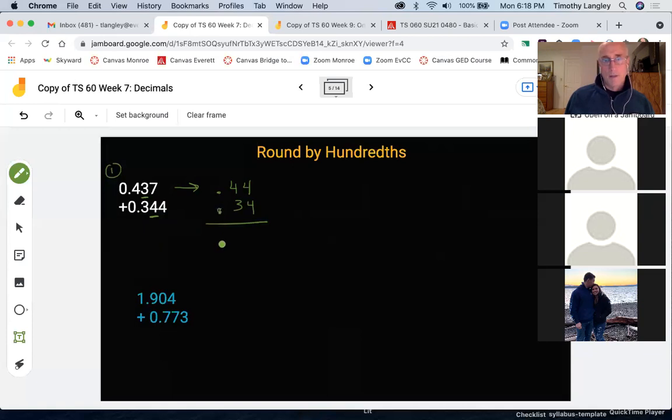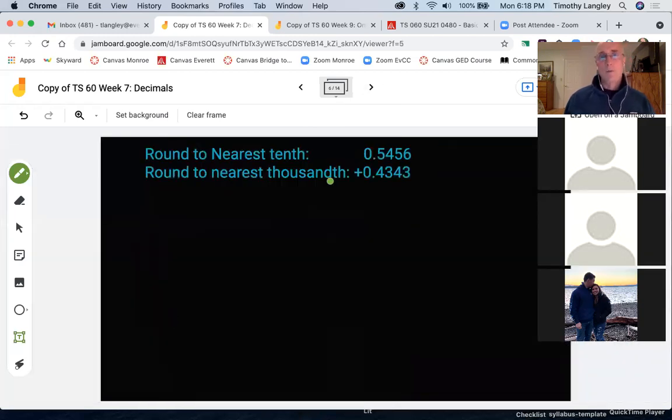Then I'm going to put my decimal in my answer, and then I'm just going to add real quick, okay? So again, this is how I would round to the 100th place if they asked me, pause, to round first to the 100th and then add. If they just said add the numbers and then round your answer to the 100th place, I would do it like I did in the previous slide. Okay, I'm going to move on.